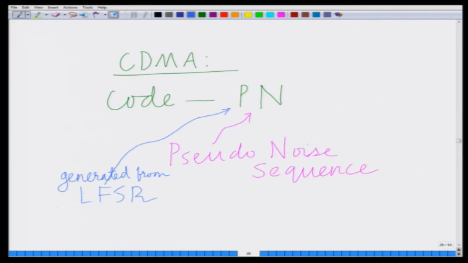So, the PN sequences are generated using the linear feedback shift register structure.